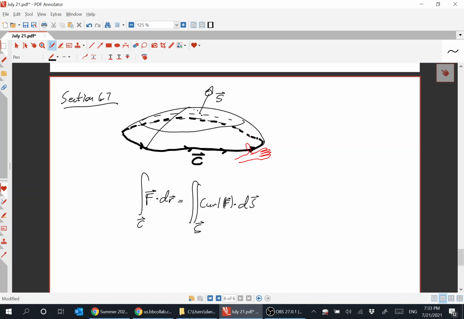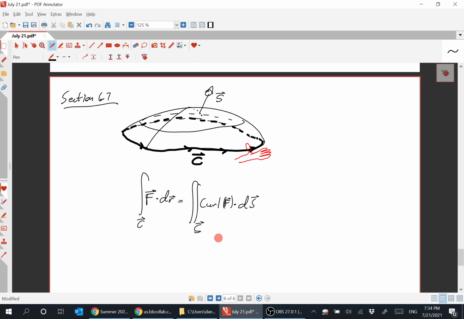So the line integral is equal to the vector flux integral of the curl of the field across that surface. So it's easy to apply Stokes' theorem in that direction: calculate the line integral via calculating the surface integral.